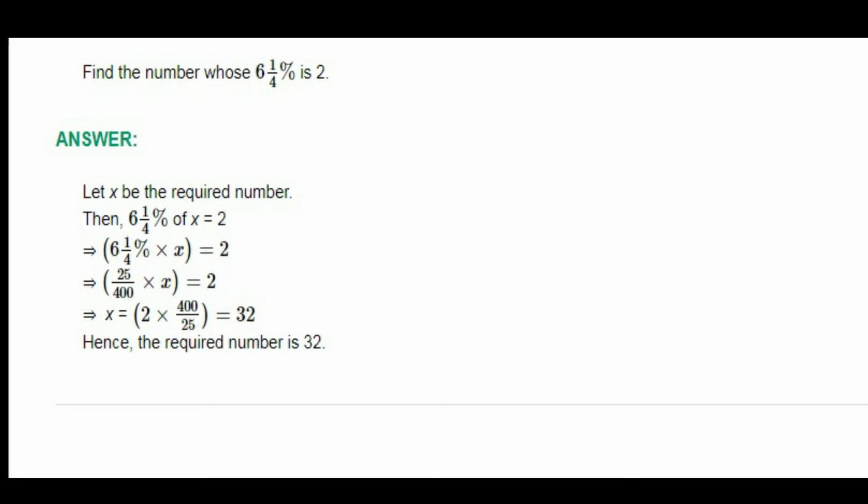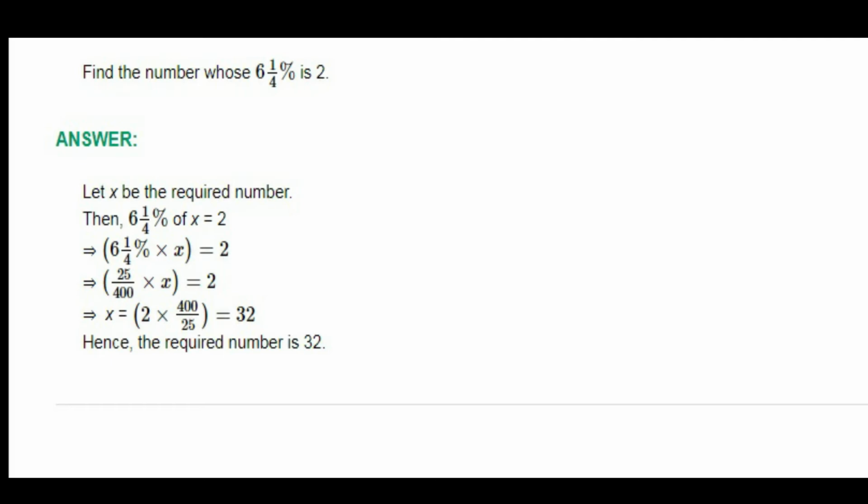So 6 1/4% means 25/4, and as it is in the form of percent, 4 will be multiplied with 100, right? Because there is a percentage sign, so 25/4 into 100, that is 25/400 into x must be 2, and we are finding the value of x, that's why we have to change the position of 25/400 to the right hand side.